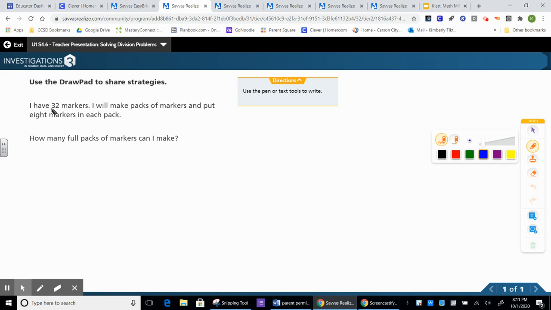Well, I know I have 32 markers, and I'm making packs, and I'm going to put 8 markers in each pack. So think to yourself, what's the multiplication problem that would represent this equation? We know there's 8 markers in each pack, but we don't know the number of packs. So 8 times the number of packs equals the total number of markers, 32. Well, if you can't remember the number that you multiply by, maybe you can draw a picture to help you figure it out.